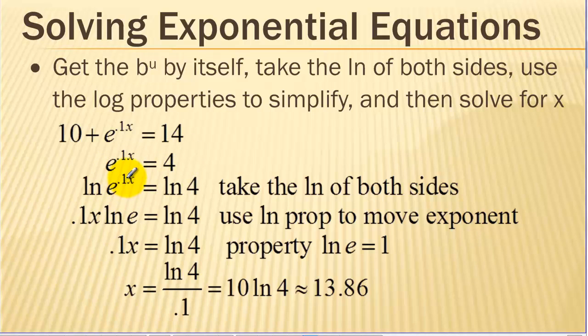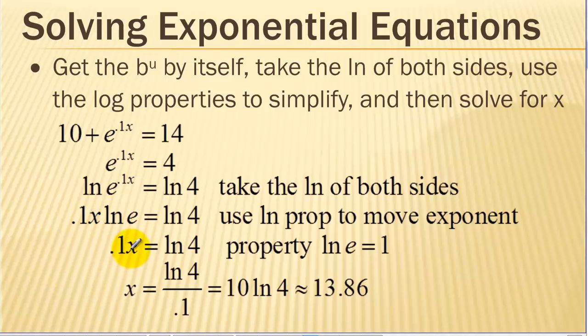Now on this side, we can use our log properties to bring the exponent in front. And we can also use the logarithm property that the ln of e is 1. So we end up on the left side with 0.1x. So notice by taking the ln of both sides, what we were able to do by this logarithm property we learned in the last video, we're able to get the x out of being an exponent and be a regular, in this case, linear variable.